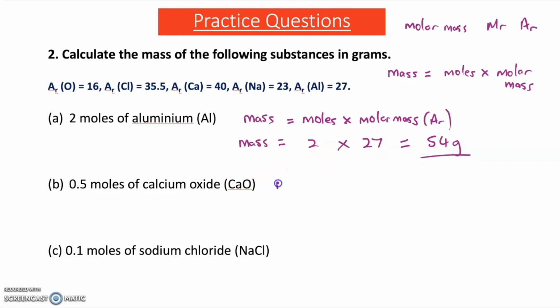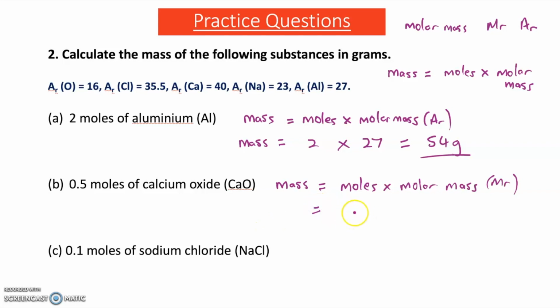Now for question B, we're asked to work out the mass of 0.5 moles of calcium oxide. Now calcium oxide is a molecule, so we have to use the MR value here for the molar mass. So mass is equal to moles times molar mass, and it's the MR that we use for the molar mass.